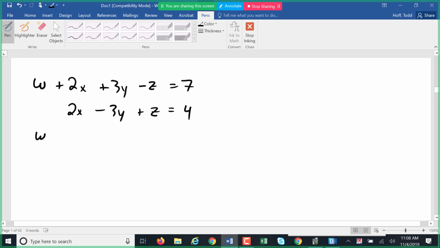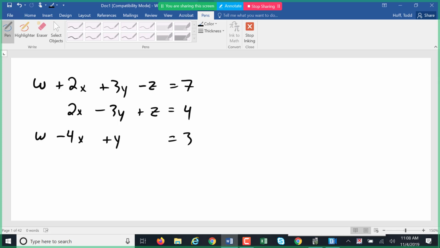And w minus 4x plus y equals 3. You'll notice here we have 4 variables, w, x, y, and z, but only 3 equations. This means we cannot get numerical solutions.